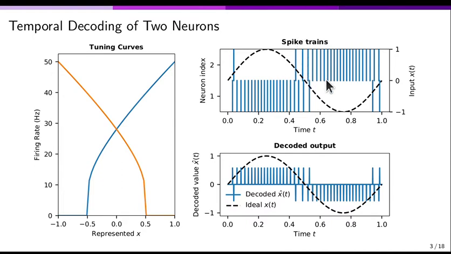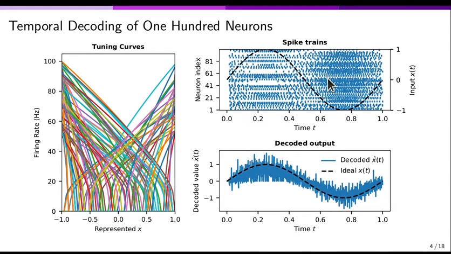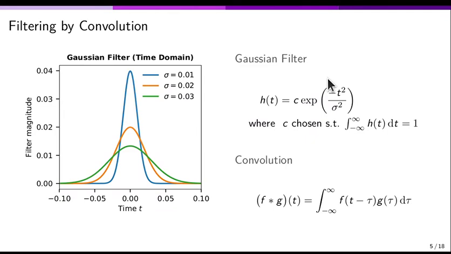Those are two mathematically equivalent statements. So that's what we're going to do. That means a spike is going to affect the time steps nearby it, and we can change how widely it affects things by changing this sigma value.